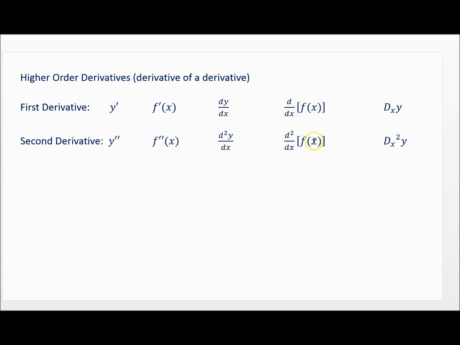This is the same thing, the second derivative of f of x with respect to x. And this is a notation you'll learn when you start doing something called partial derivatives, which is not in this course. It's probably in your Calculus 3 course, but this notation is for partial derivatives, and this would be the second derivative.